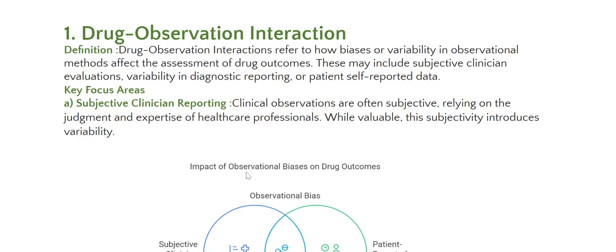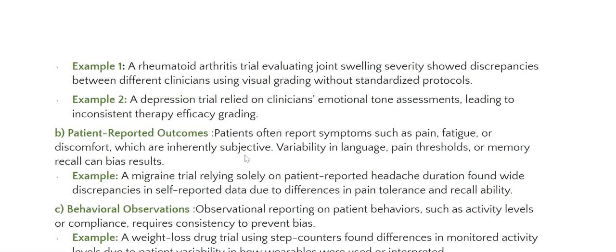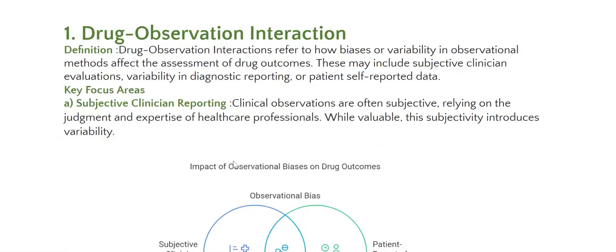And here is a summarized diagram summarizing the impact of observational biases on drug outcomes. Here we have subjective clinician reporting and patient-reported outcomes, and the common shared area is observational bias. Continuing with the key focus area, we have two examples about subjective clinician reporting.